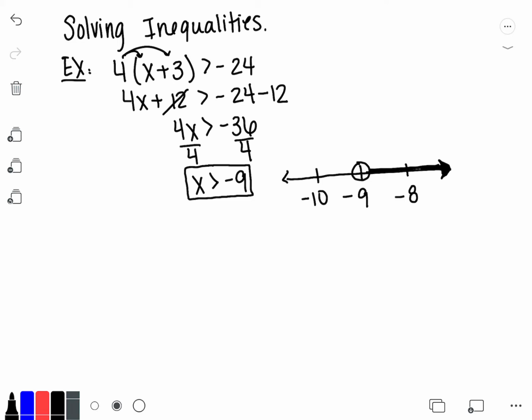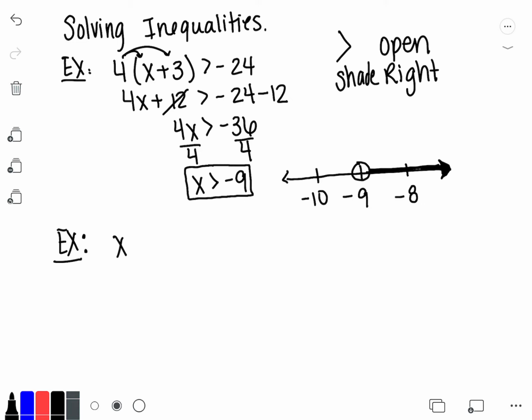So anytime you don't have an equal sign, you're going to have an open circle. So this symbol, greater than, means open, and you would shade to the right because it's pointing to the right. So open and shade to the right. All right, let's take a look at another problem.